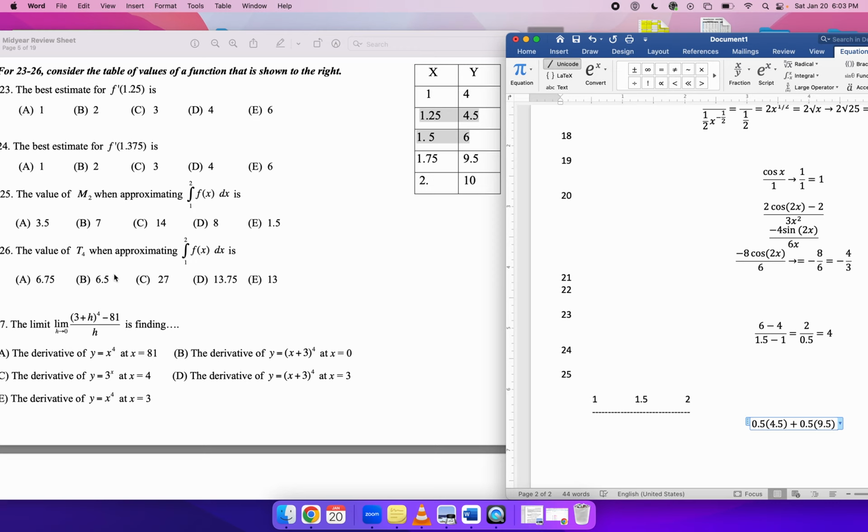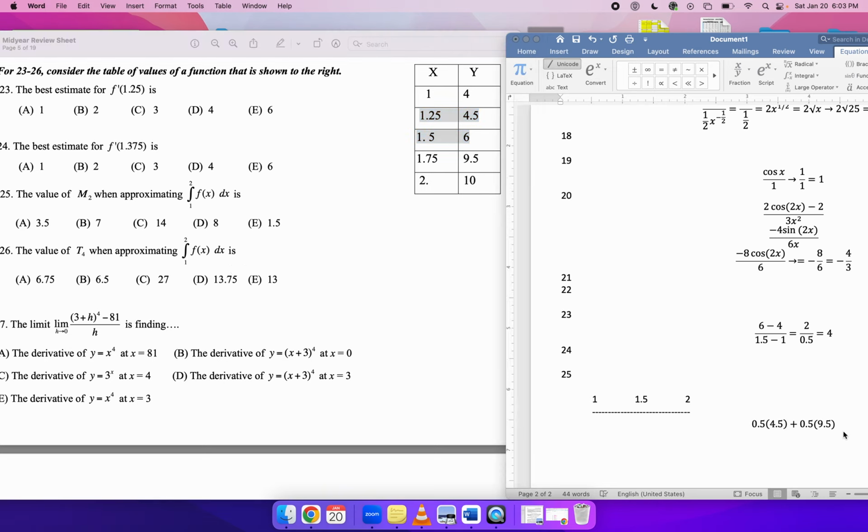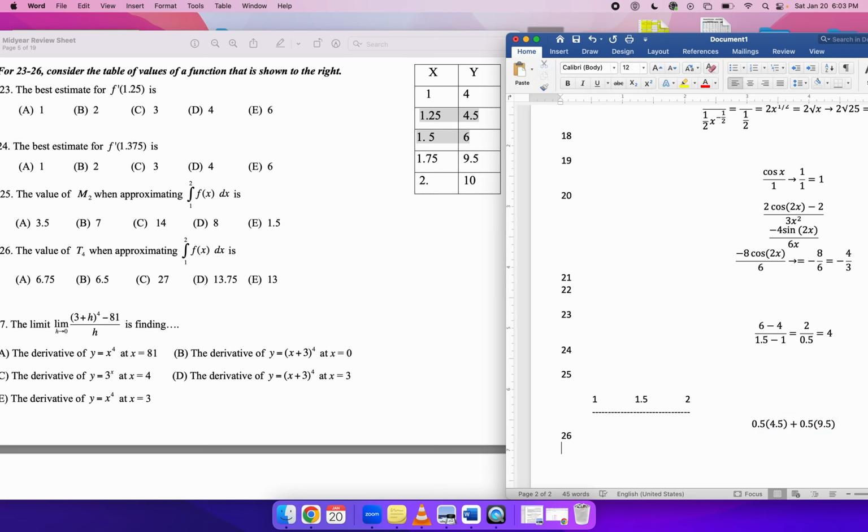26, T4. If you're going to use T4, okay, well, for the trapezoidal method, you should just do left endpoint and right endpoint and average them, right?